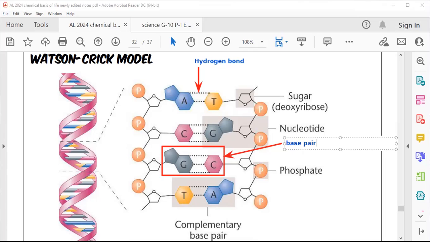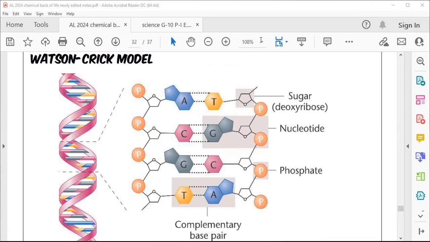Base pair. Mark the base pair. Marked it. Done, sir. Right.